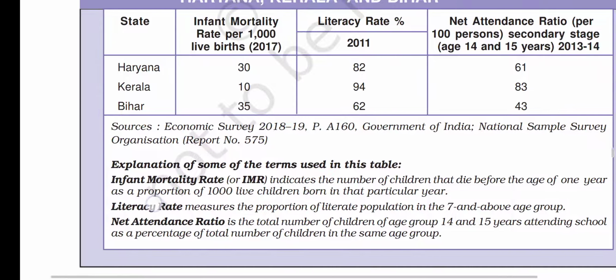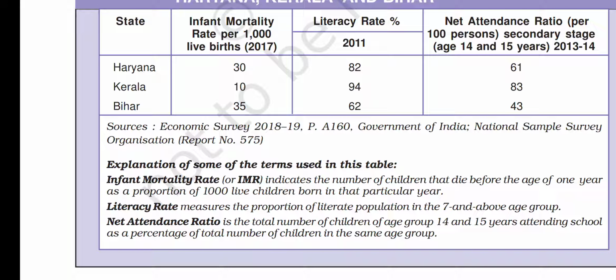Infant mortality rate, or IMR, indicates the number of children that die before the age of 1 year as a proportion of 1000 live children born in that particular year. So in a particular year, out of say 1000 children born, how many died? That will be considered the infant mortality rate.